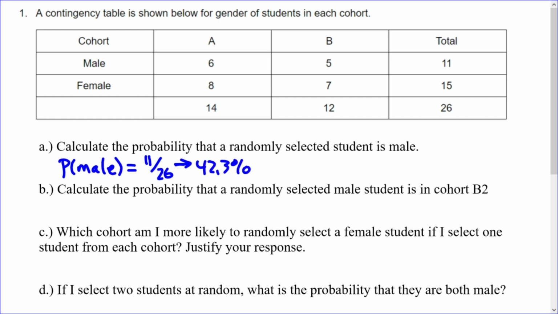Next up, question B, calculate the probability that a randomly selected male student is in cohort B. So we are limiting ourselves to the category of being male. So we're going to get our values from that row of the table. So probability of a student being in cohort B2, given that they are male, so it's kind of a conditional probability, but we can still just calculate it simply.